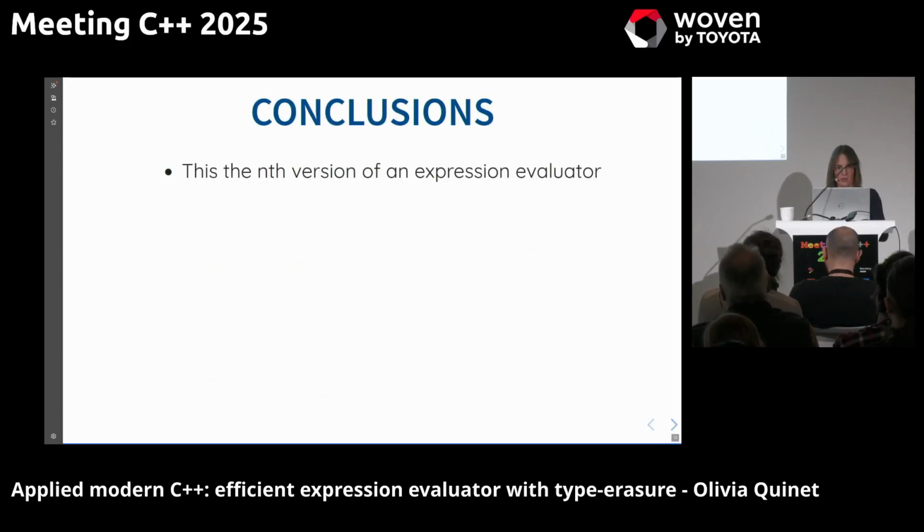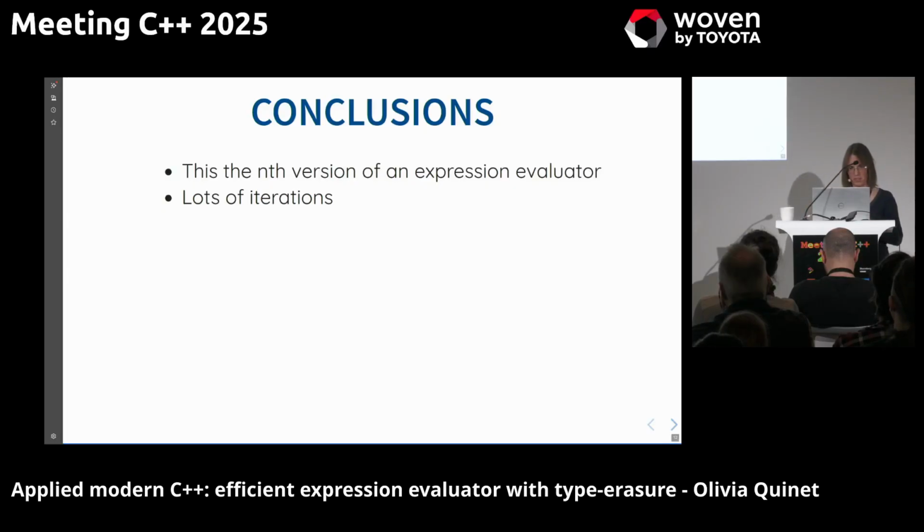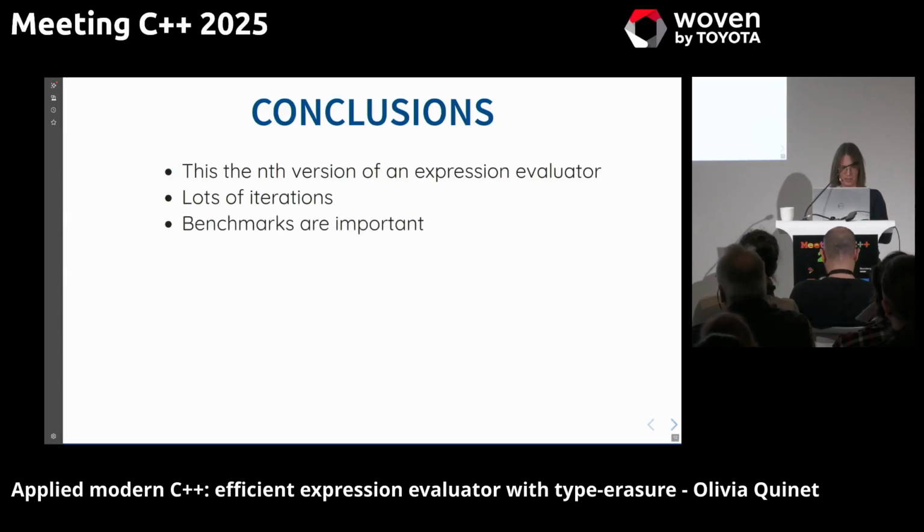So, conclusion. Of course, this is one more expression evaluator. There are many available. This one required a lot of iteration. I didn't have enough time to go as deep as I wanted in all of these iterations, and this talk is the result of this work.